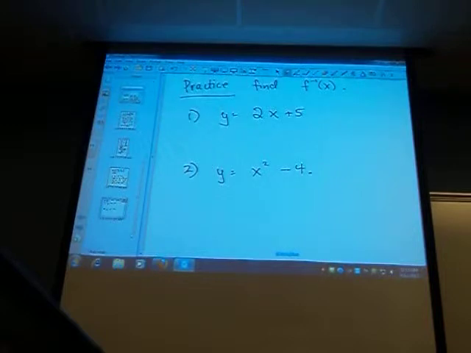But I can't get the second one because it's a square. We have to figure out, in order to get rid of the square, we have to do the square root of x. The square root of negative 4... well, negative 4 can't be square rooted.